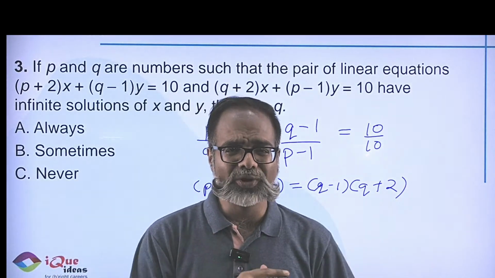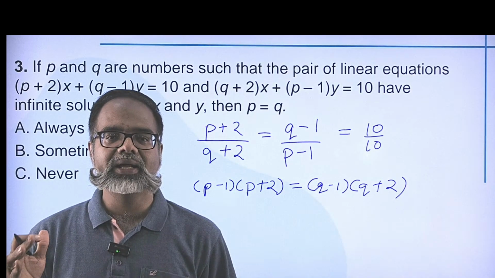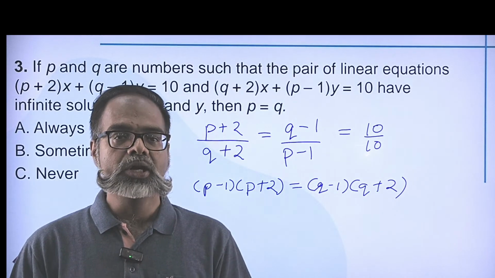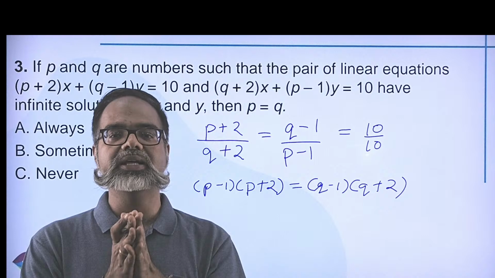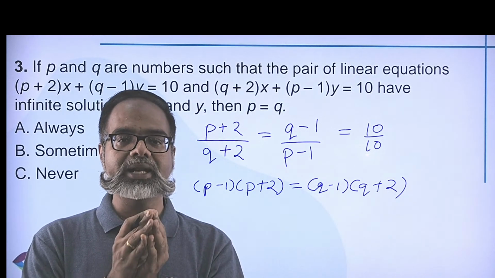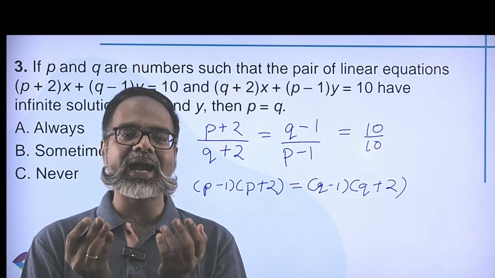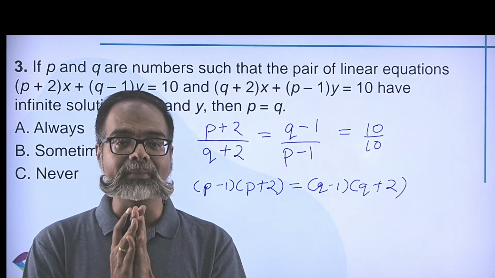Now, of course, you could expand this and solve, but it's an entrance examination. I don't need to show my steps. So just by looking at the entire equation, if P minus 1 into P plus 2 is Q minus 1 into Q plus 2, then shouldn't P and Q be exactly the same number, right?